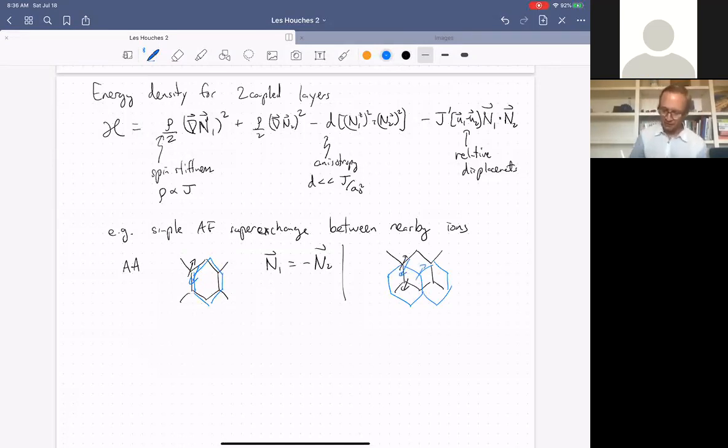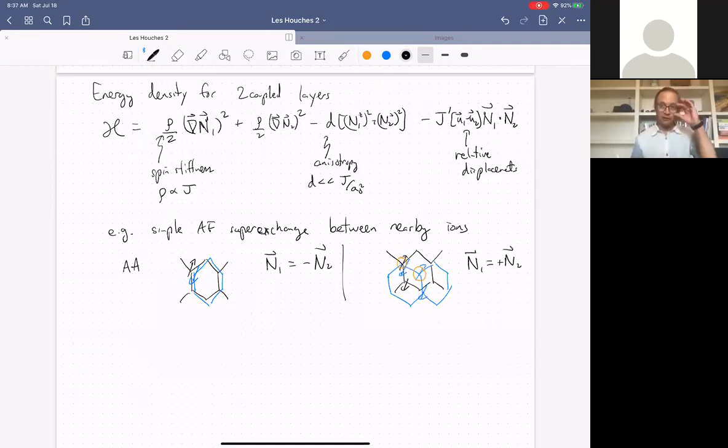Okay. But actually, if you compare the configuration of the two A sublattice spins, okay, so this is an A sublattice site on the black sublattice, and here's an A sublattice site on the blue sublattice. They're actually parallel. So in this case, we actually want N1 equal to plus N2.